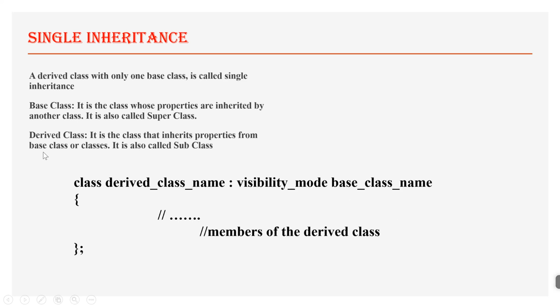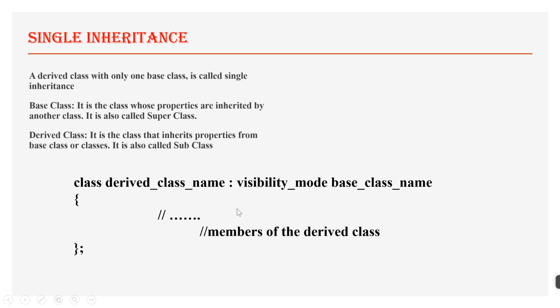If I say class volume public area, here in this example, volume is considered to be a derived class which is inheriting some of the properties of area, where area is called a base class and the derived class is publicly inheriting the class area.